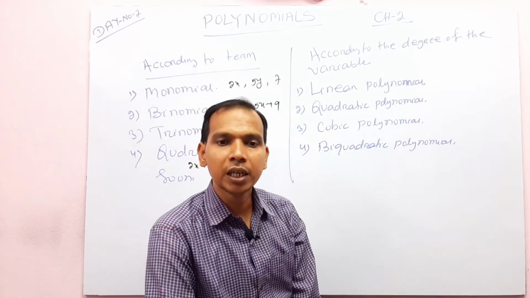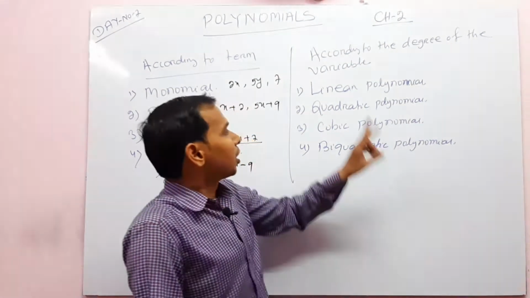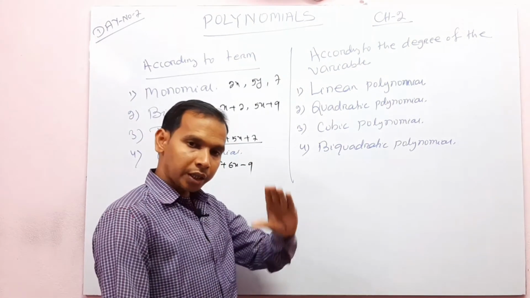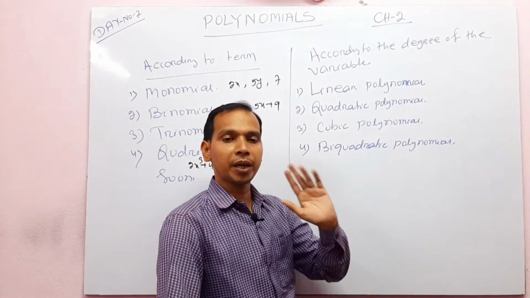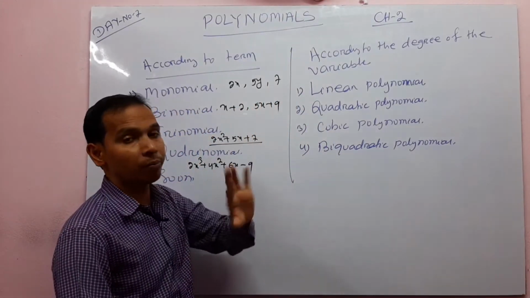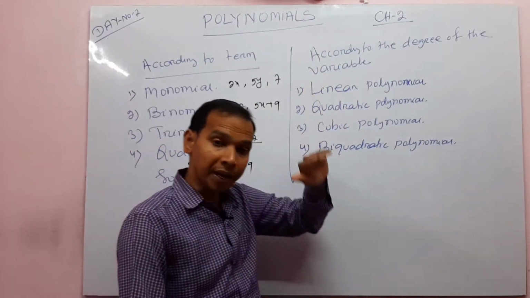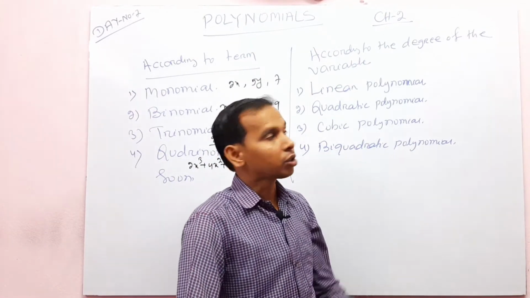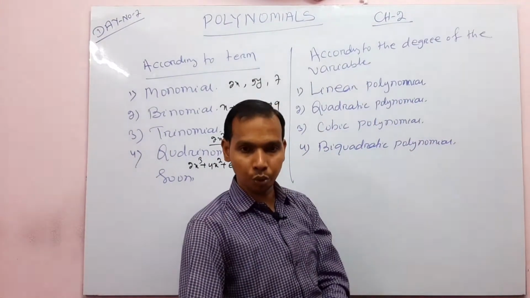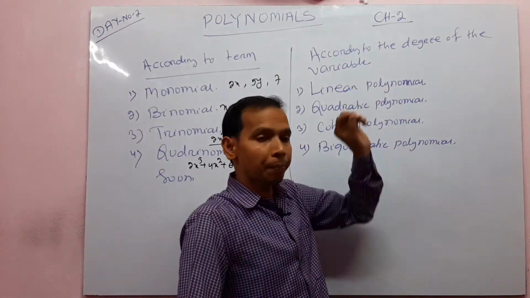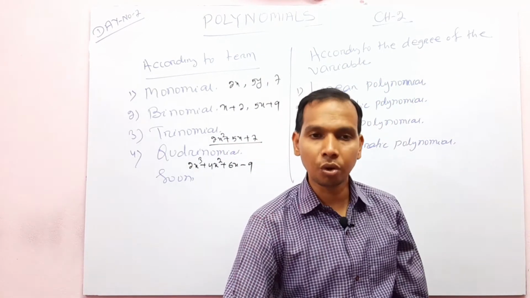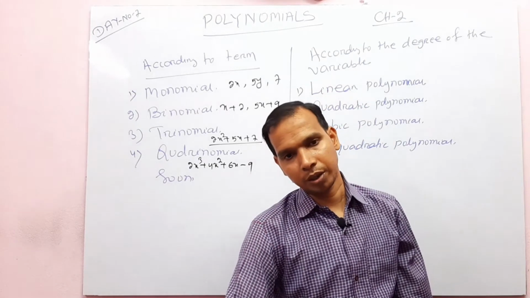In this case you get the number of terms, but here it is the maximum power of the variable. The algebraic expression in which the maximum power of the variable is 1 is known as a linear polynomial.